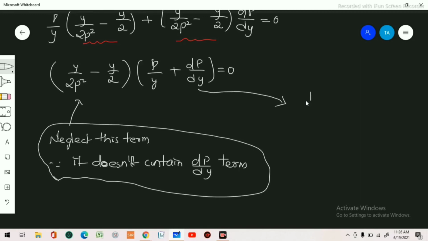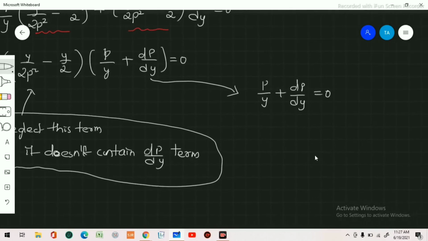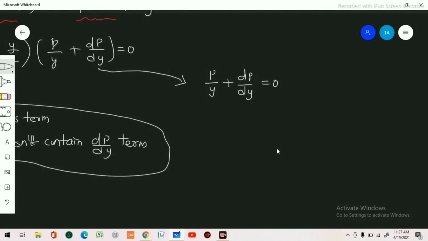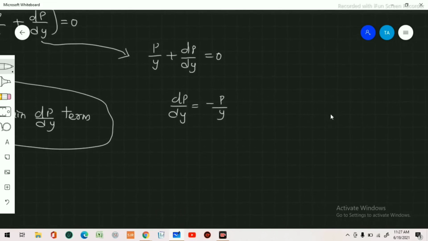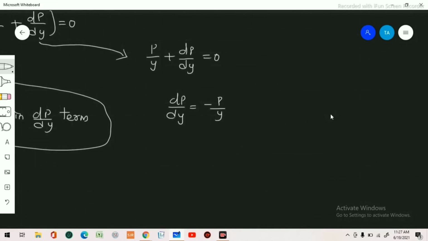We are remaining with only one term now, p by y plus dp by dy is equal to 0. Now can I write like this, dp by dy is equal to minus p by y? Yes, sir.